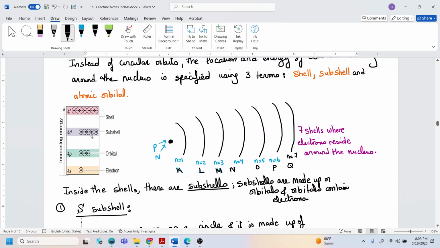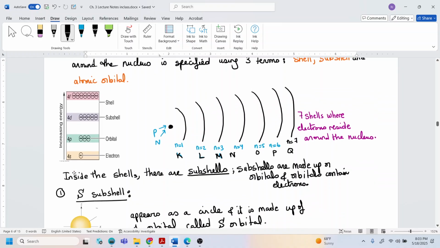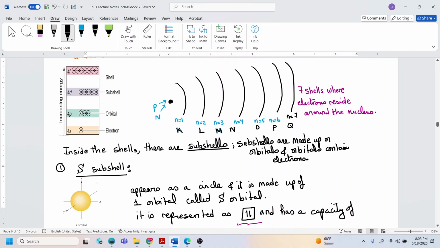So what are the subshells? The subshells are simply the S, the P, the D, and the F. We're going to define them in a moment. The subshells are made up of orbitals. For example, the S subshell is made up of one orbital, and it has a capacity of 2 electrons.